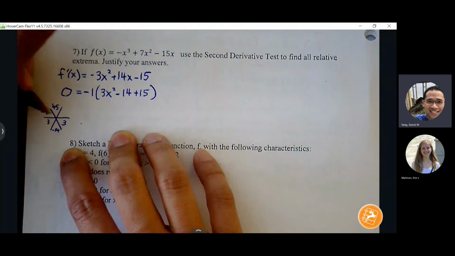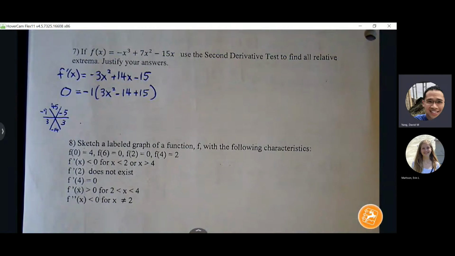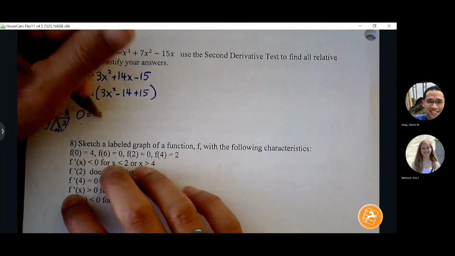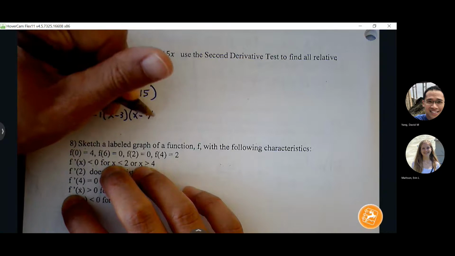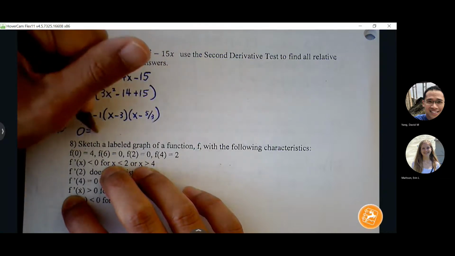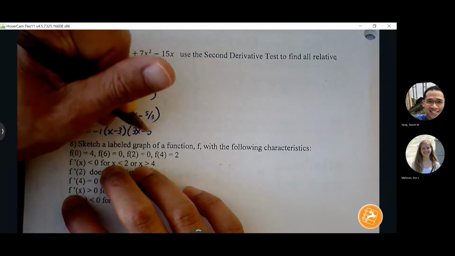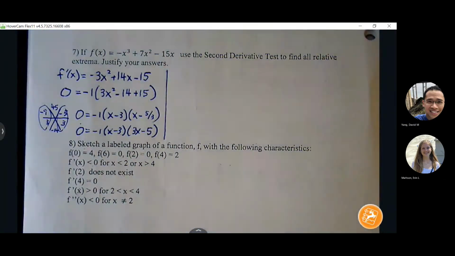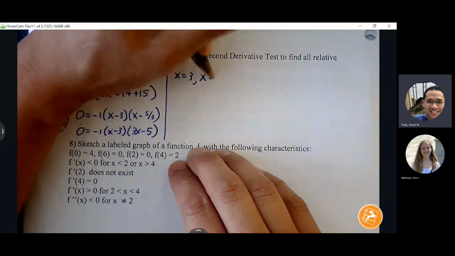So what about negative 5 and negative 9? Negative 9 times negative 5 is 45, negative 9 plus negative 5 is negative 14. Reduce if I can. Solve for x. X equals 3 and x equals 5/3.